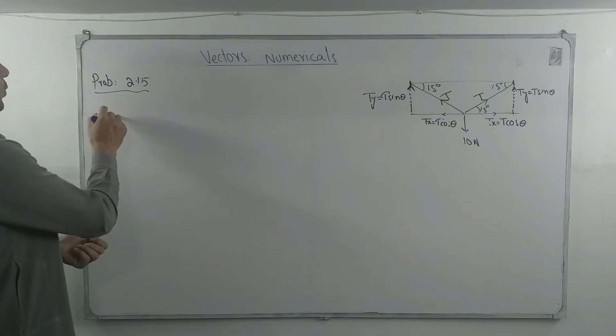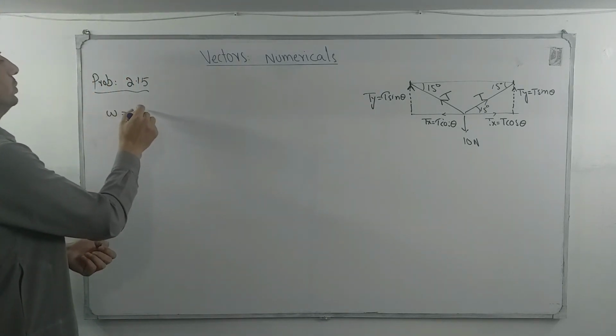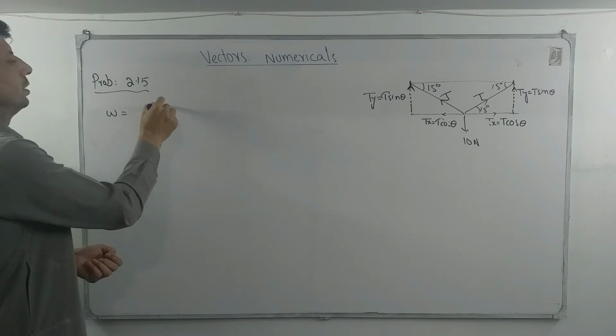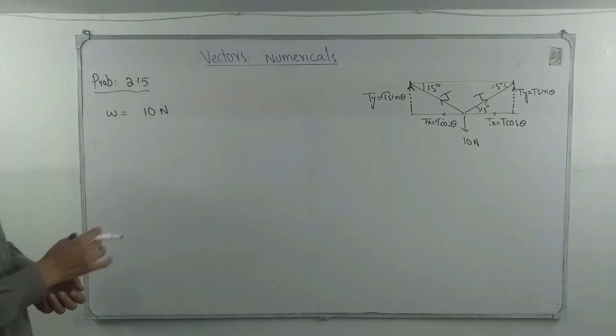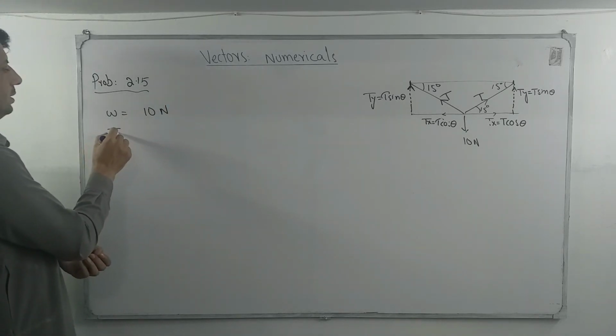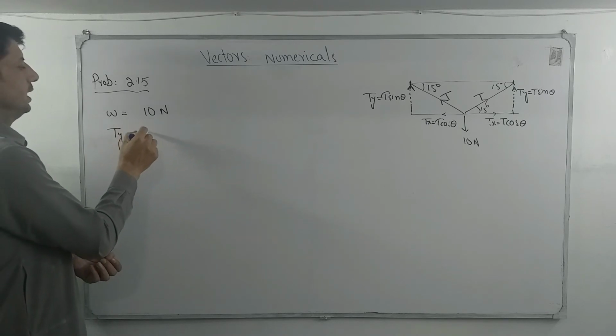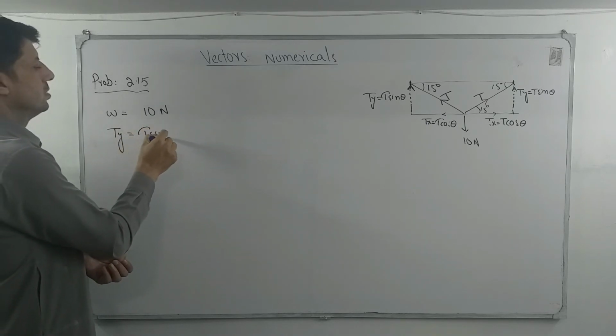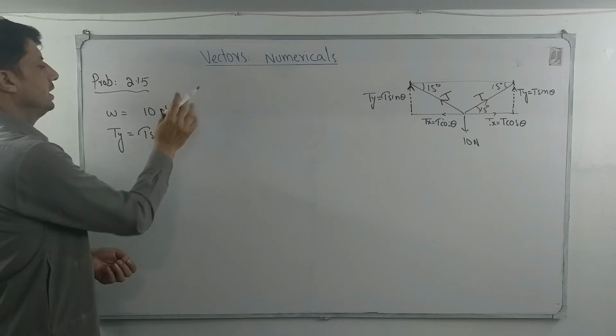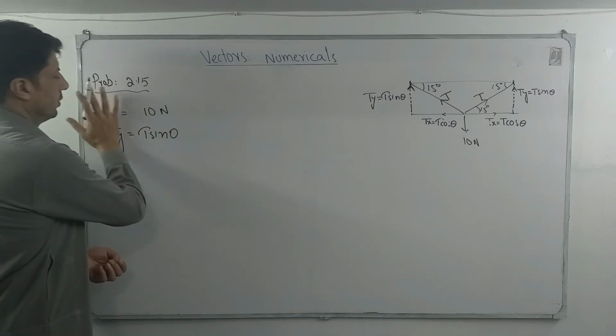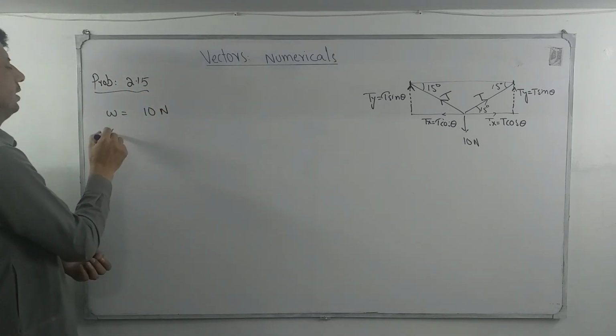Okay, so now let's solve this question. We have a weight which is equal to 10 Newton. Ty is equal to T sine theta, and first of all we need to find the angle which has been given here.